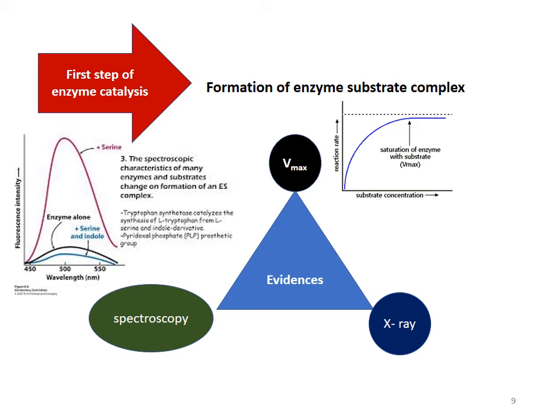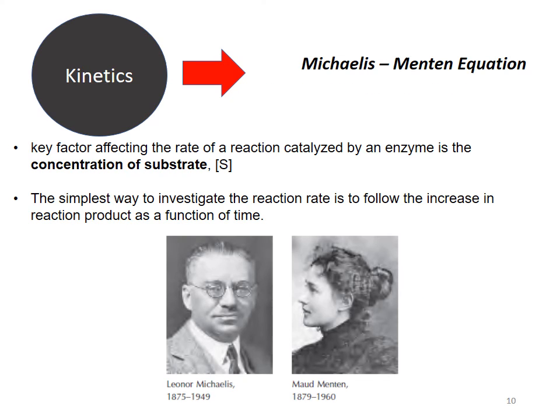However, the enzyme alone or the serine and product alone could not give that increased fluorescence intensity. This indicates that there is some kind of binding between serine and enzyme, which increases the fluorescence emission of that particular tryptophan residue.